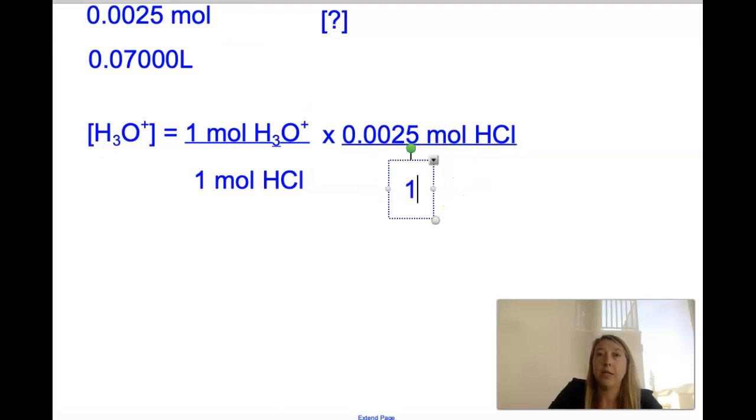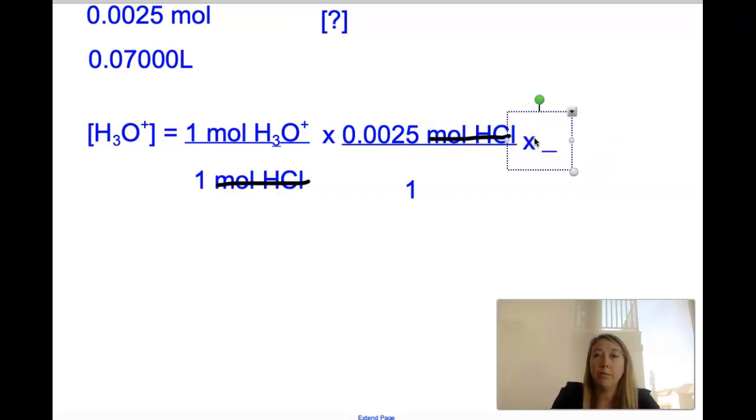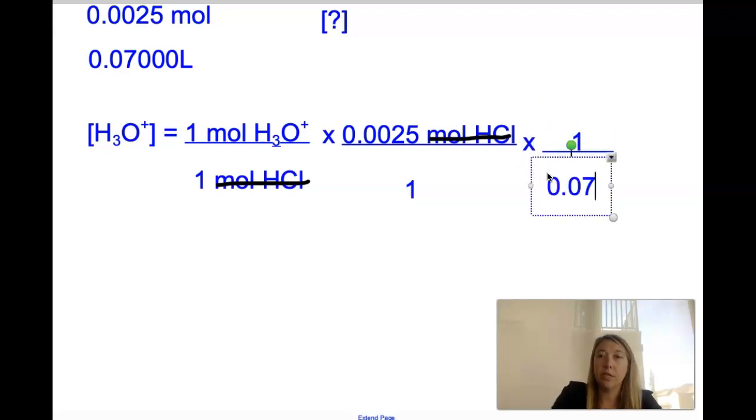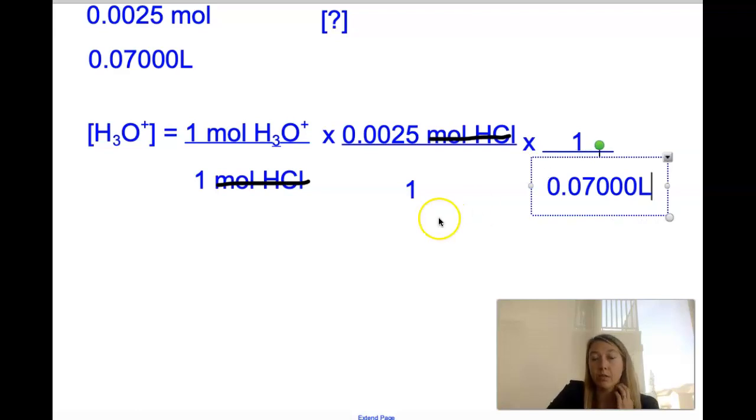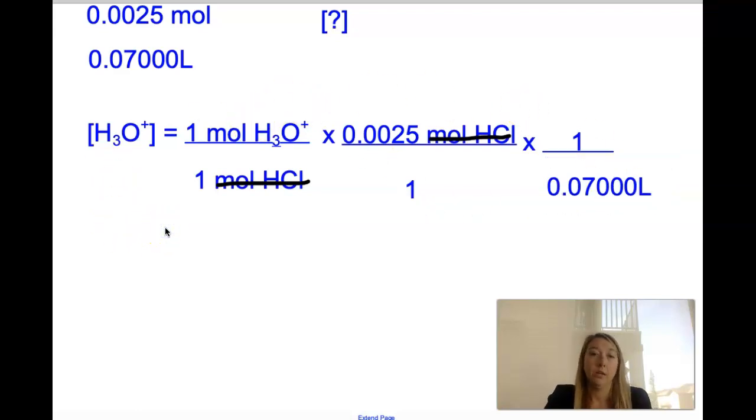So that now allows for us to get rid of moles of HCl. We need to introduce the liters. That's where we're going to use that 70. So we're going to do times 1 over 0.07000 liters. Okay, so now I have moles of H3O plus per liter. So 0.0025 divided by 0.07.